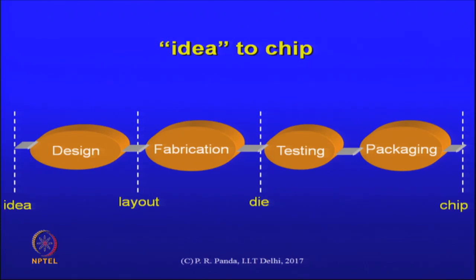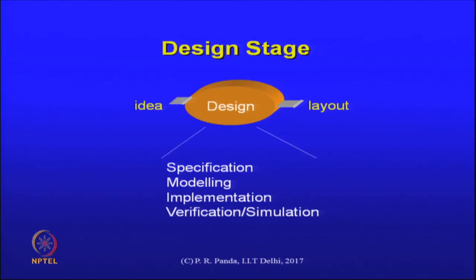So, if we were to abstract that flow into just 3 or 4 very high level stages, it would be these. What is involved in each of these stages? Design itself, of course, is a very complicated set of steps. We start with a specification of what the system should be doing.